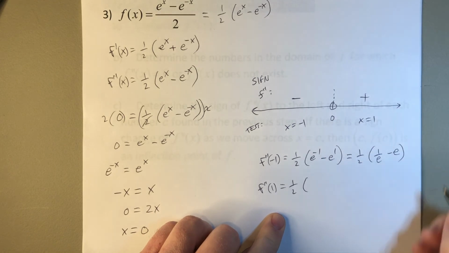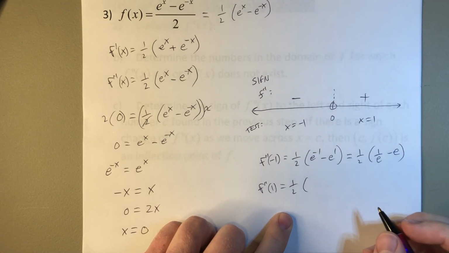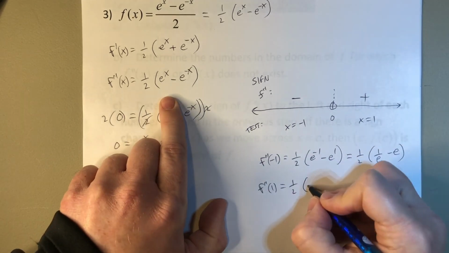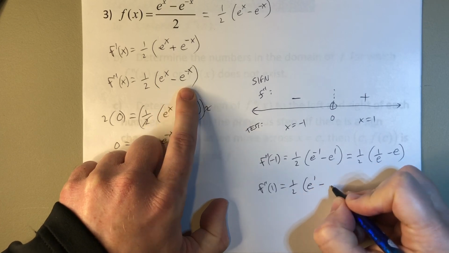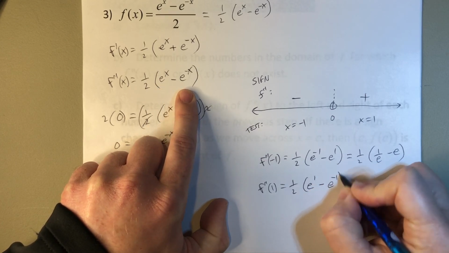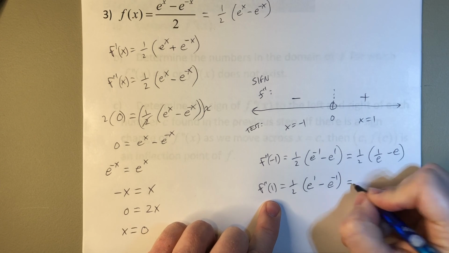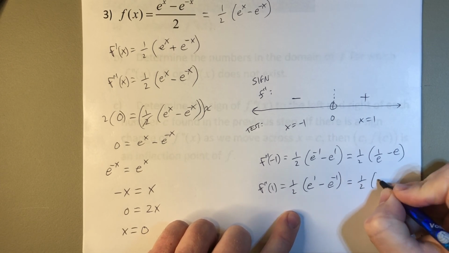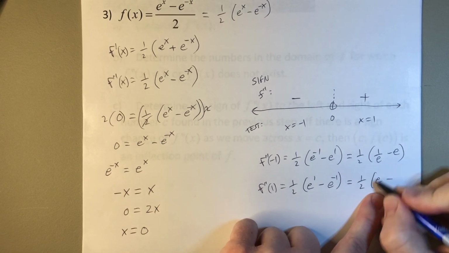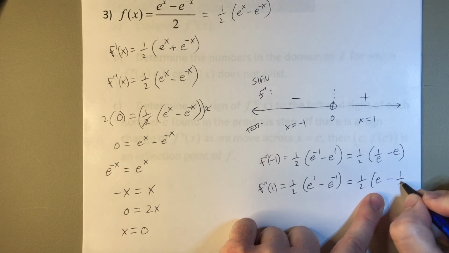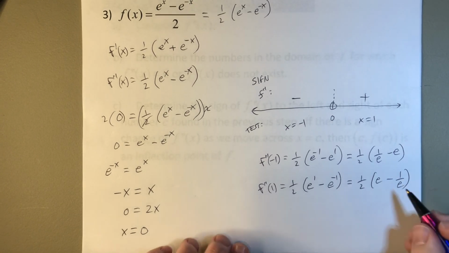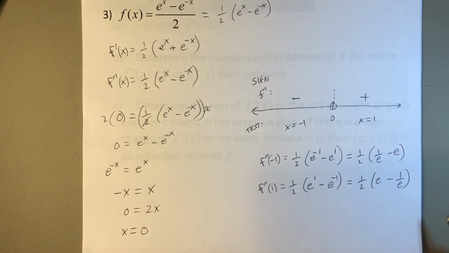We know this is going to be positive, because e to the 1 minus e to the -1 is what you'd get for f double prime of 1, which is a larger value minus a smaller value. Larger minus smaller gives you a positive.